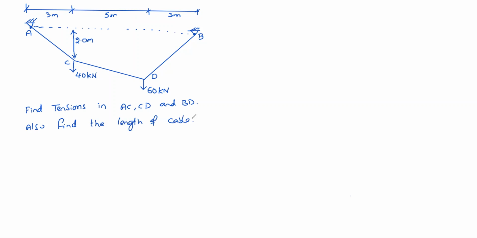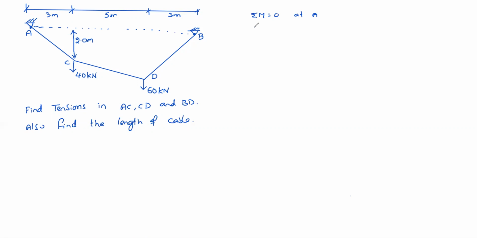So here first we need to find vertical reactions. For vertical reactions, you can take sigma M equal to 0 at A. That is, the algebraic sum of all moments must be 0, for equilibrium.